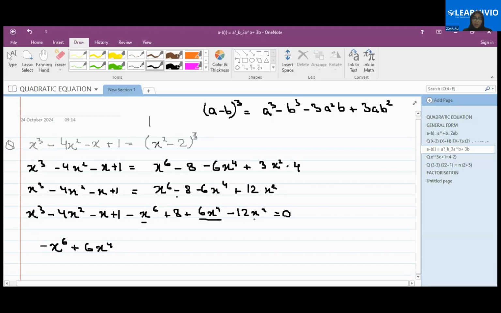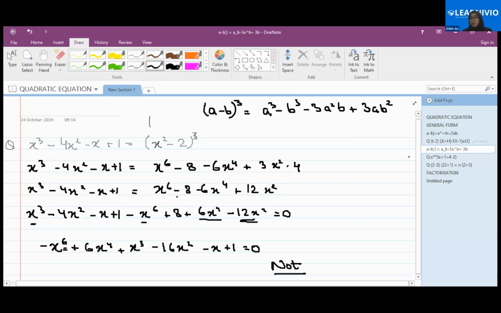Then first of all x cube, then plus x cube, then minus 12x square and minus 4x square will give you minus 16x square, minus x plus 1. So is it an example of a quadratic equation? No, it is not a quadratic equation, because for a quadratic equation the highest degree should be 2, but here the highest degree is 6.